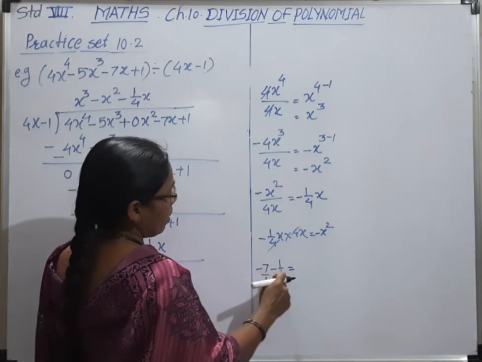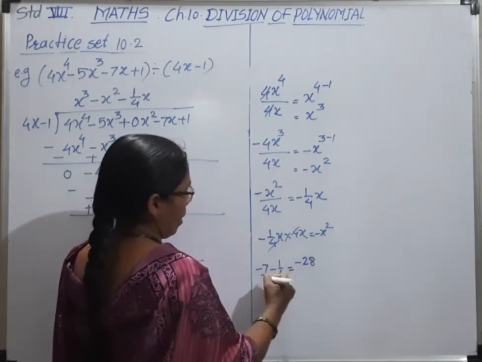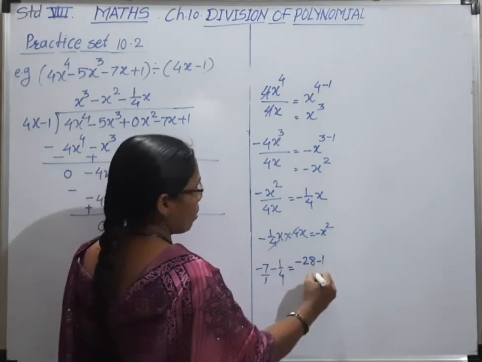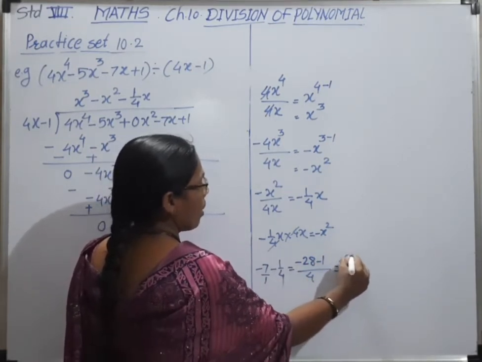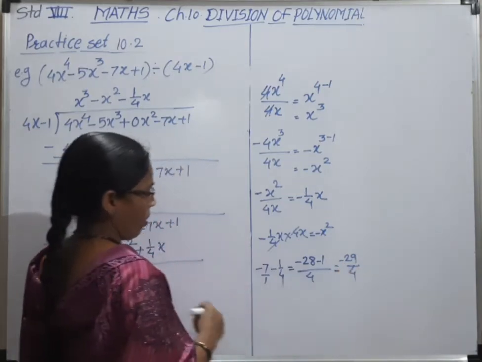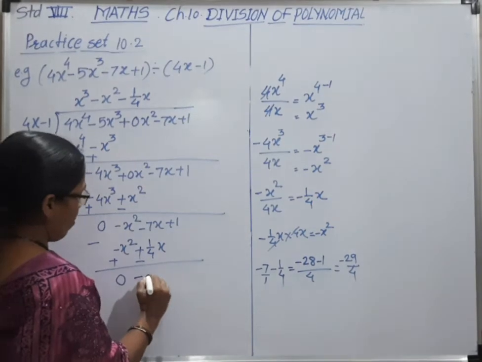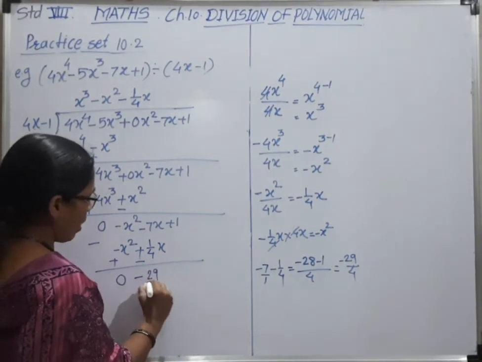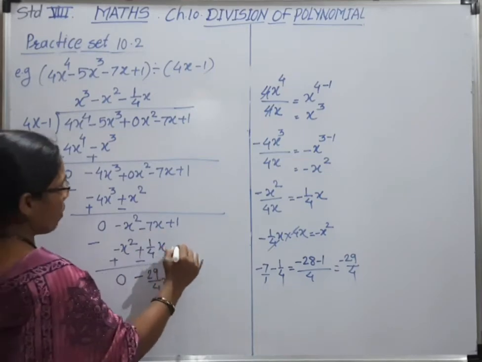Minus 7 into 4 is minus 28, and minus 1 into 1 is minus 1, upon 4, which is equal to minus 29 upon 4. So the answer will come minus 29 upon 4x. And this plus 1 will come now.